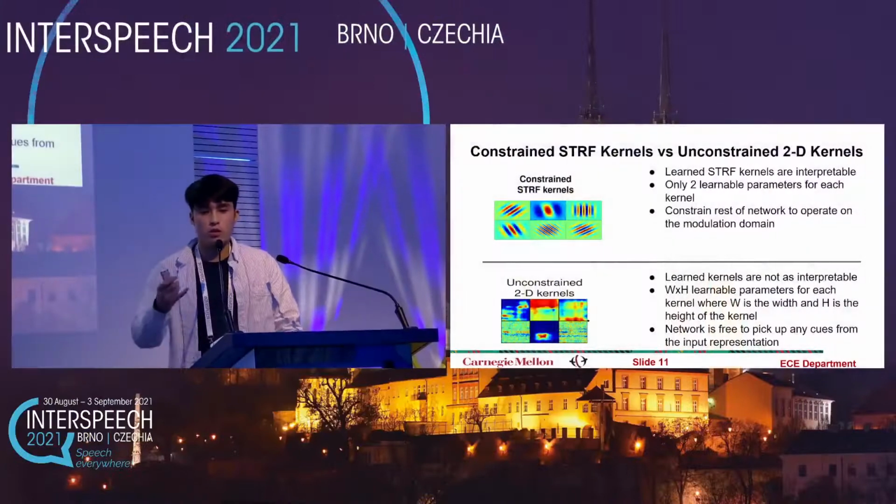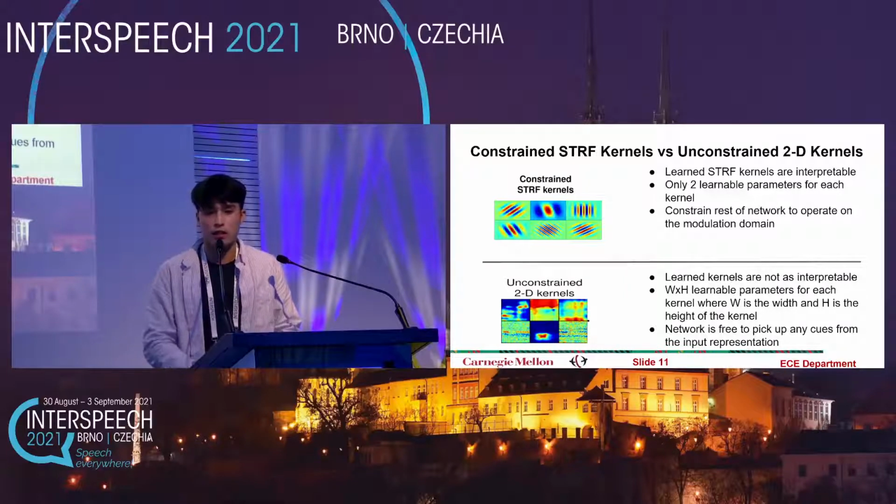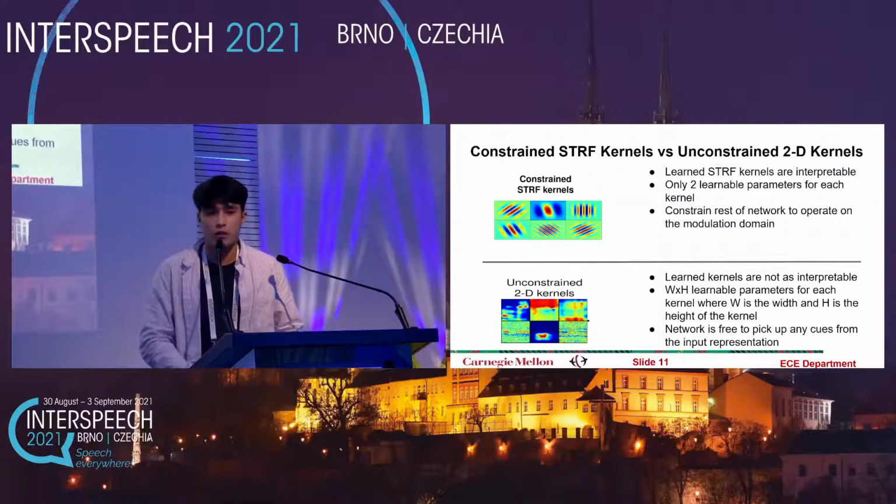You can sort of directly see it. Since these kernels are convolved with the input representation, the ones that are fast horizontally are analyzing fast temporal modulations, and the ones that go up and down are analyzing fast spectral modulations. But these are STRFs, so they model the joint spectro-temporal modulation. A lot of the ones you see here are fast, and the one in the middle is analyzing very slow temporal modulations.